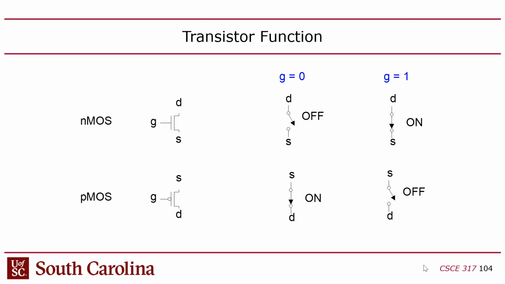I'm sure you know that digital chips are built with transistors, which form the logic gates, and you learn about logic gates in 211. There are two types of transistors, an NMOS and a PMOS. In digital logic, you treat these transistors as switches. They're either on or off.